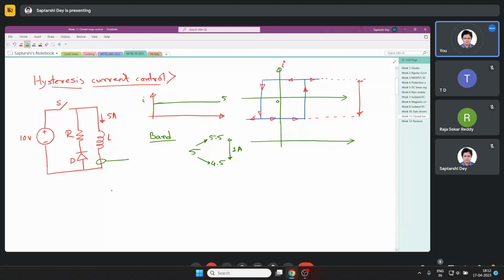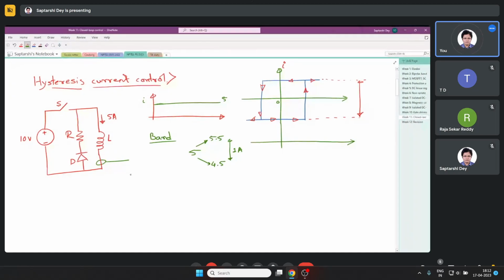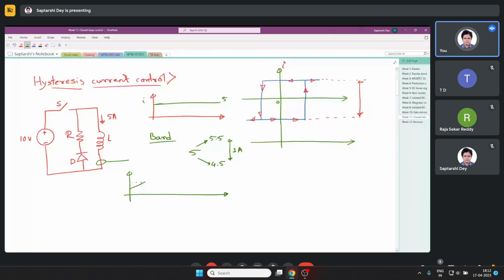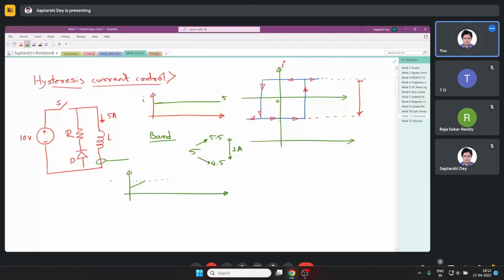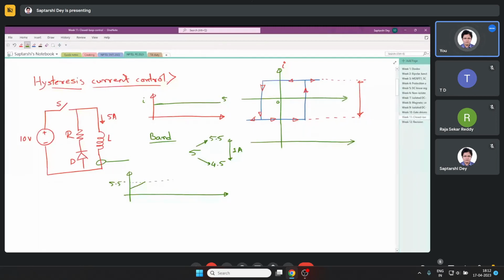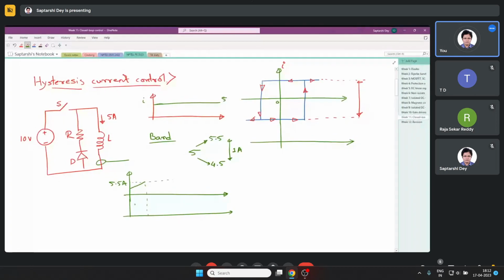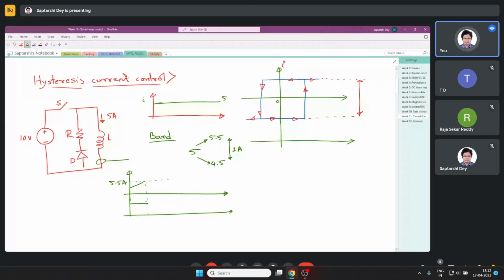Now what will happen is, as the current increases, as soon as it reaches 5.5 ampere, the switch was closed, I open the switch, right?